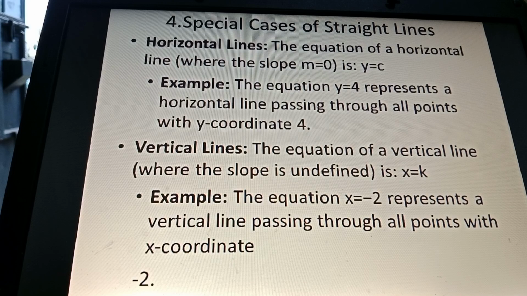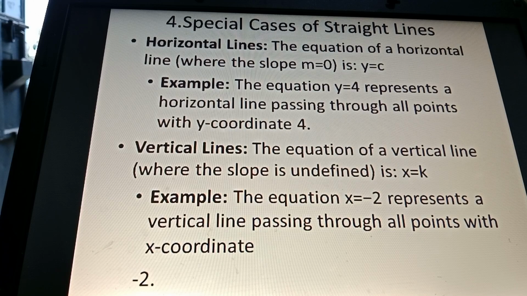Special cases of straight lines. Horizontal lines. The equation of a horizontal line where the slope m equals 0 is y equals c. Example, the equation y equals 4 represents a horizontal line passing through all the points with y coordinate 4. Vertical lines.